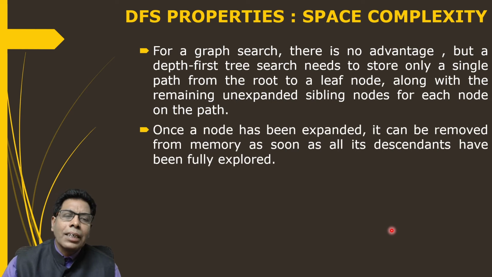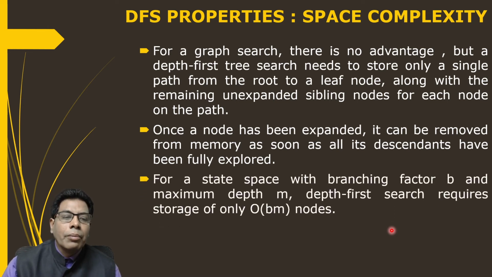Once a node has been expanded, it can be removed from memory as soon as all its descendants or children have been fully explored. So the memory requirement in this case will be less. For a state space with branching factor b and maximum depth m, depth first search requires only O(bm) nodes. That is the advantage of DFS.